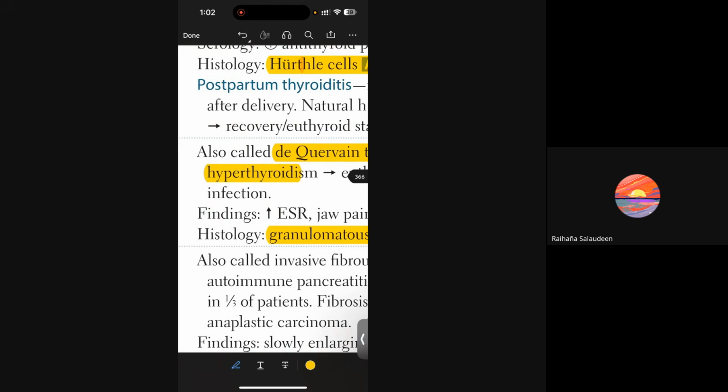Whenever there is a start of inflammation and the cells get destroyed, the preformed thyroxine hormone inside the cells is released into the bloodstream, and then you see the symptoms of hyperthyroidism. At the early stage, hyperthyroidism, and at the later stage, you are going to see hypo.